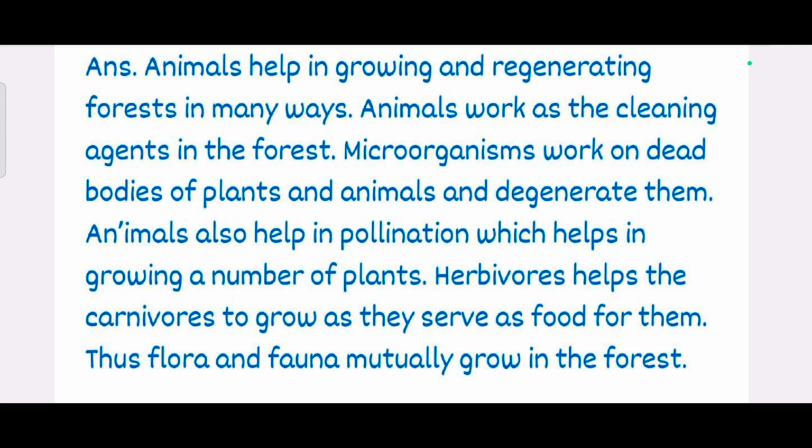Thus, flora and fauna mutually grow in the forest.